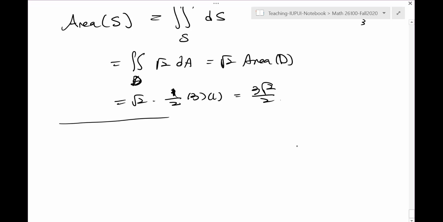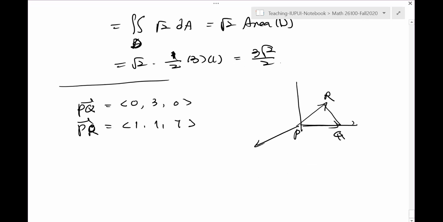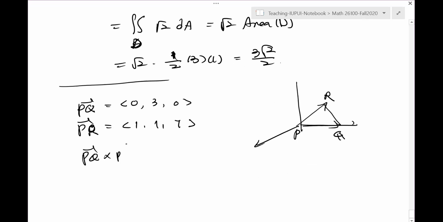You have two vectors here in space, P to Q and P to R. Remember this? That's going to be 0, 3, and for P to R, 1 and 1. Then we have the cross product.